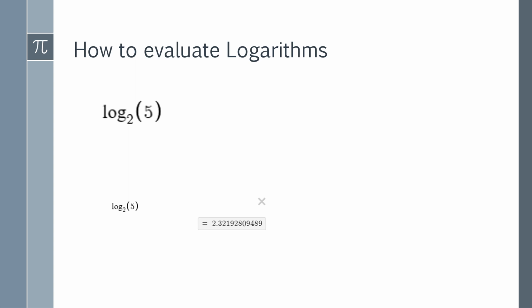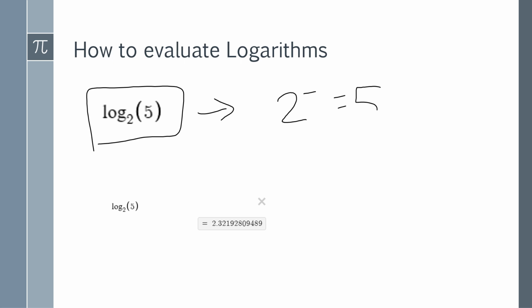Alright, now how to evaluate this? Sometimes you're going to deal with problems where you're not going to have an integer. So this is asking you, 2 to what power gives you 5? And we're talking about integers.